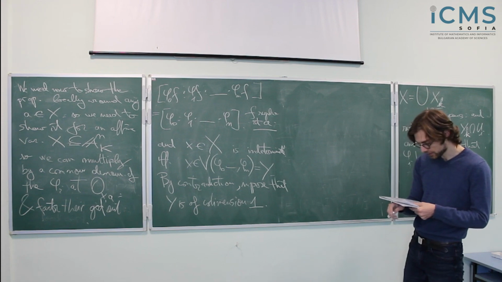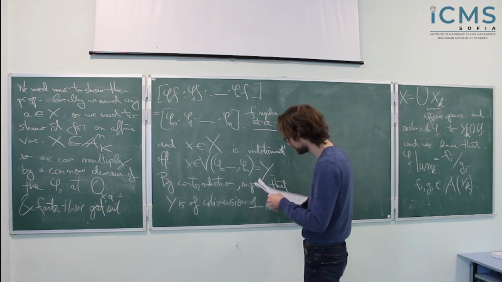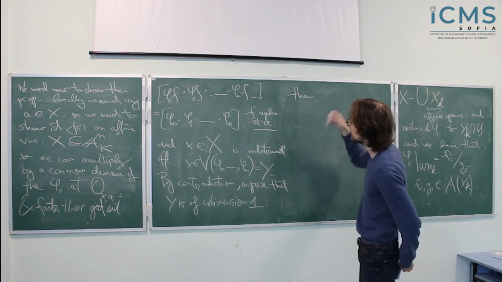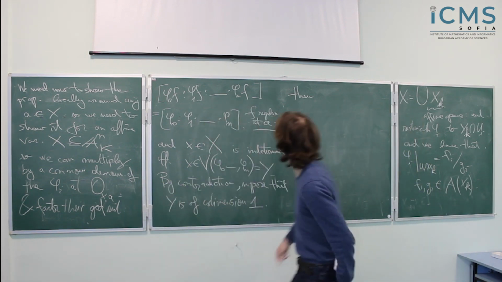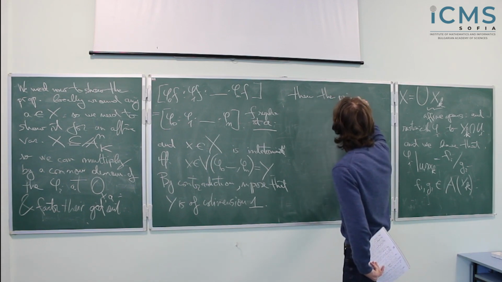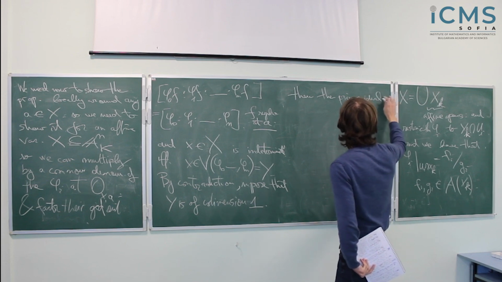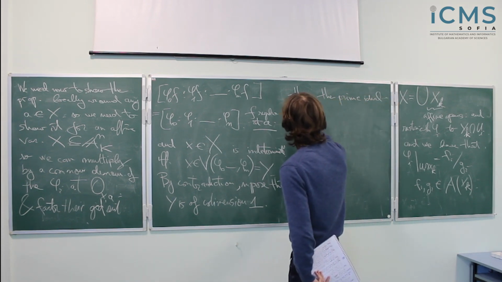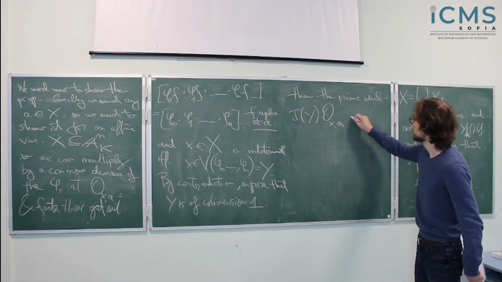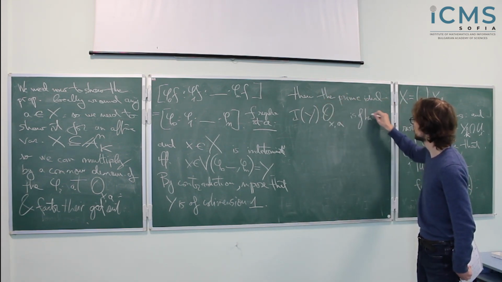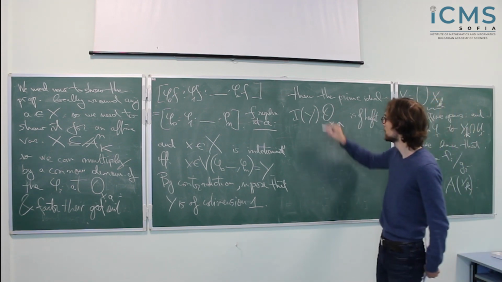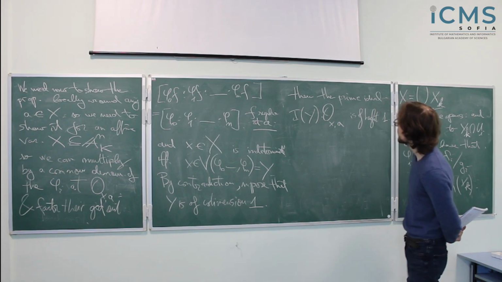Well, let's look at the ideal that this generates inside of the local ring O_{X,A}. Then the prime ideal is of height 1. Now, why is it prime?